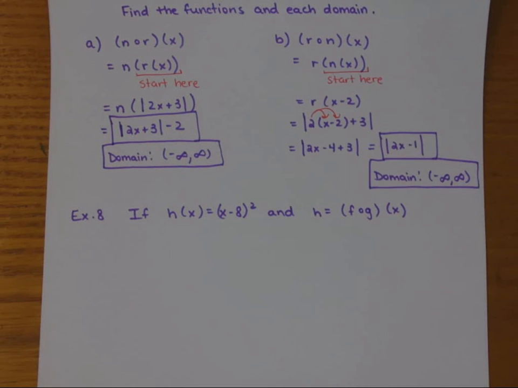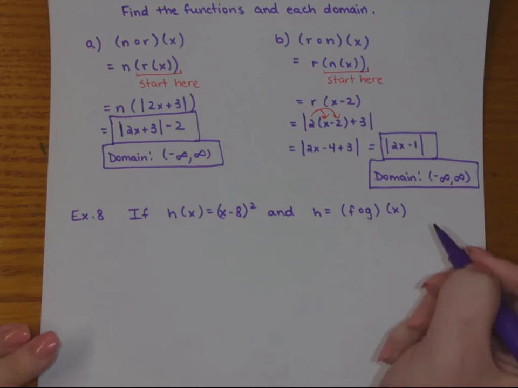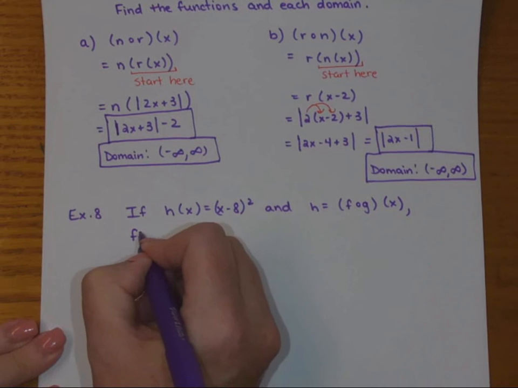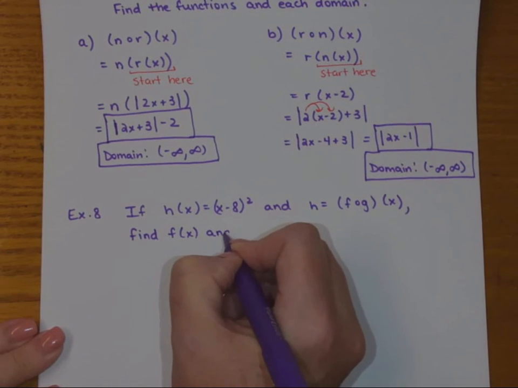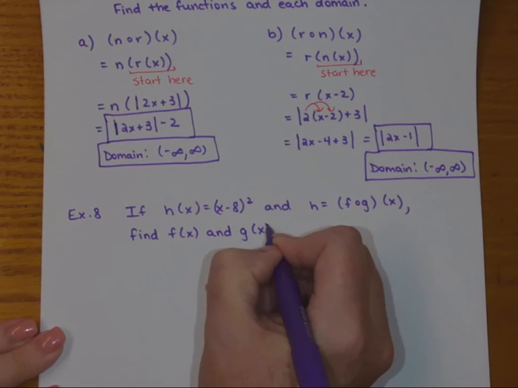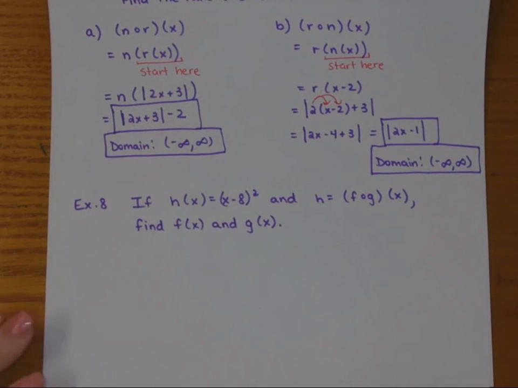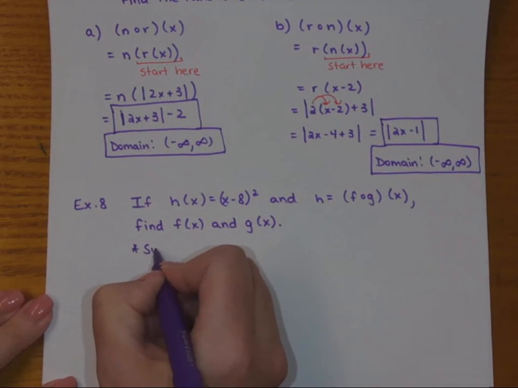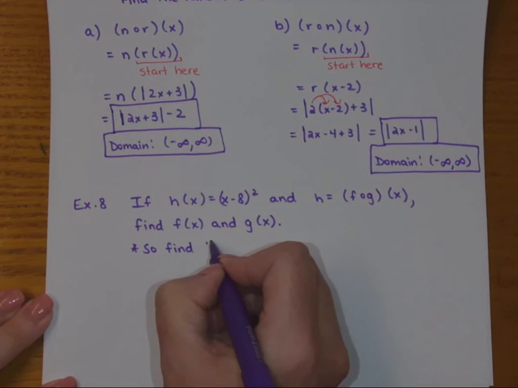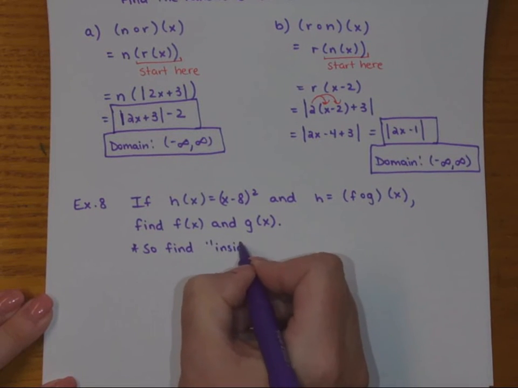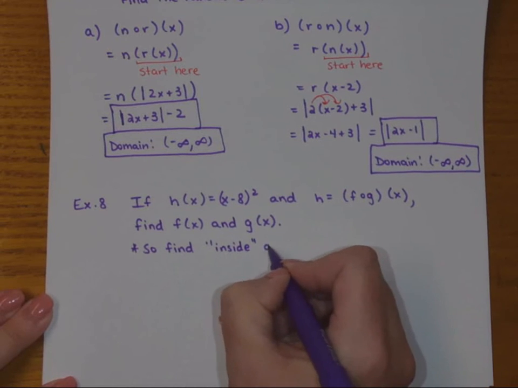I'm telling you that h is made up of two functions, f and g. And that's what I'm basically asking you to find in this one. So essentially, I'm asking you to find the inside and the outside functions. That's what I'm asking you to identify.